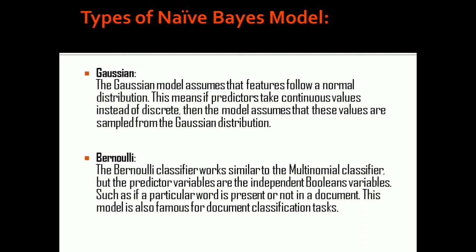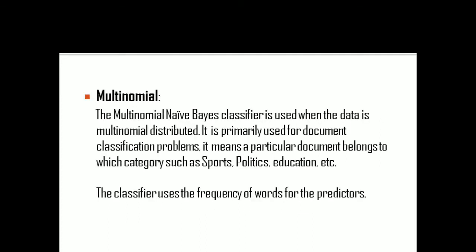Here we just classify based on yes or no, and this model is also famous for document classification tasks. Mainly whenever we are doing document classification, we use the Bernoulli Naive Bayes classification model. Next is the multinomial. It is similar to Bernoulli and it is used when the data is multinomially distributed. Multinomial means multiple values.